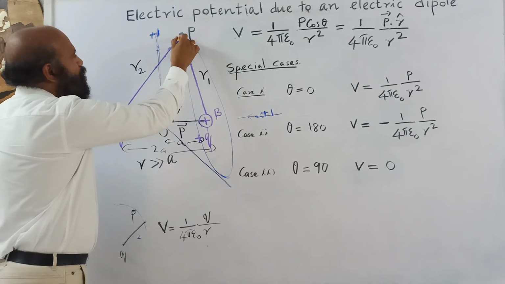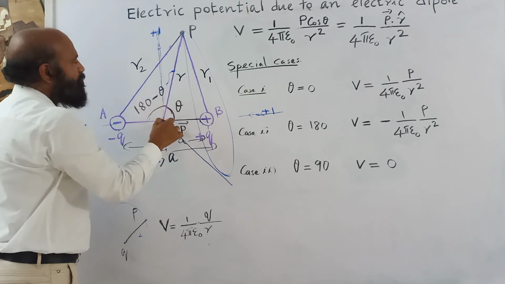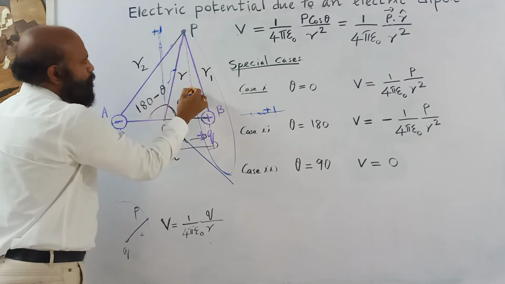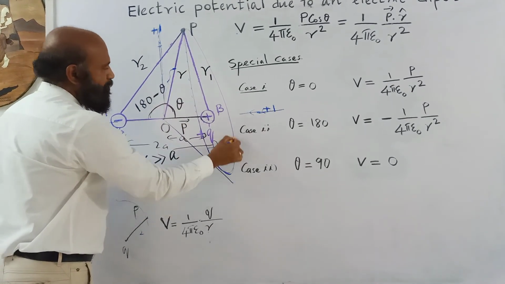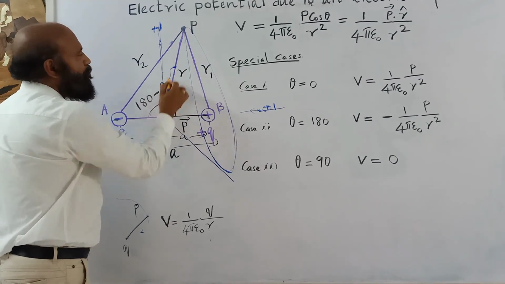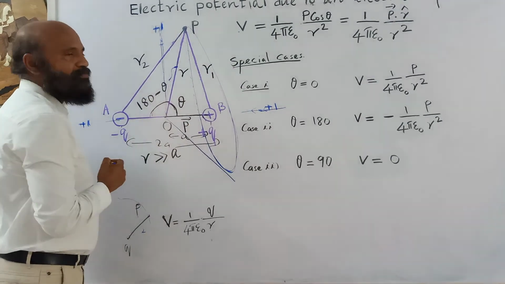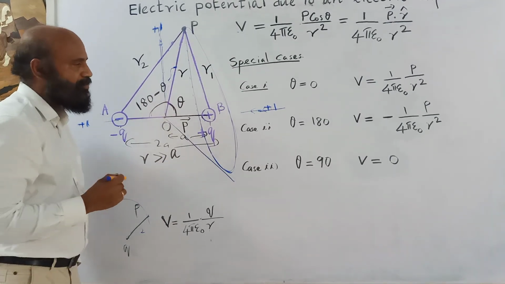All the points on this cone at equal distance, potential will be same. Now you consider all the points on these blue lines. They are at the same distance from this, so potential on this will be same. So it is axially symmetric.